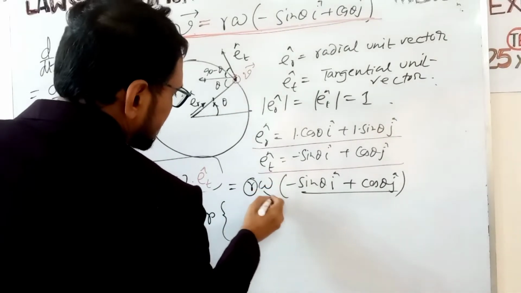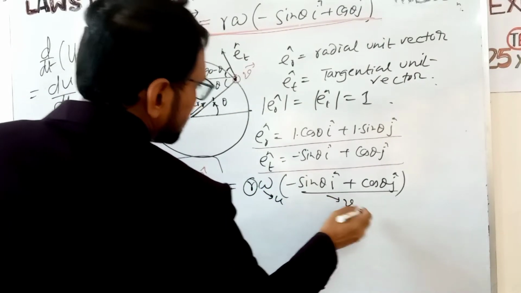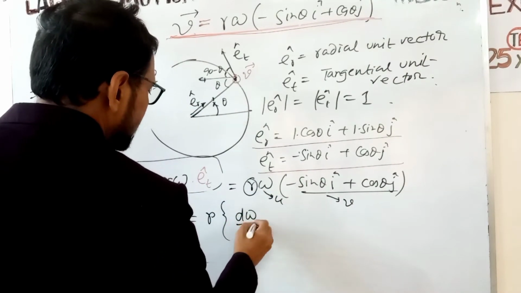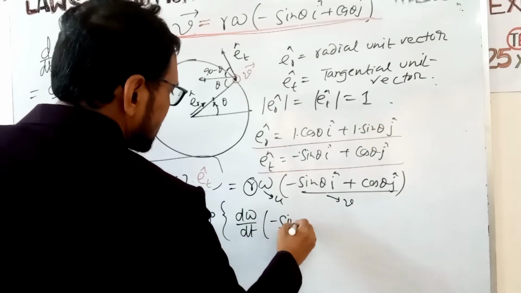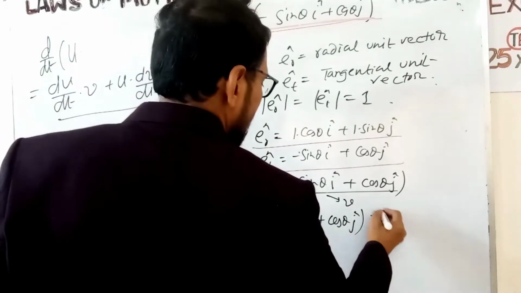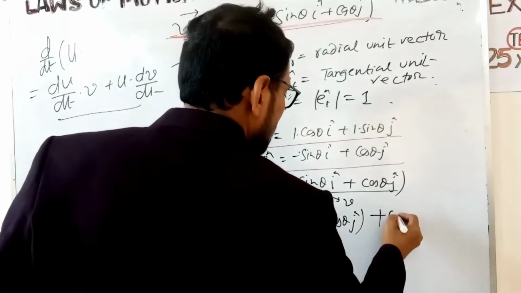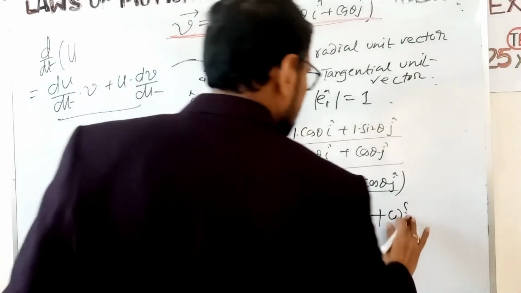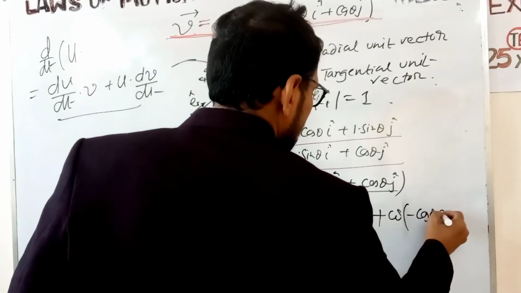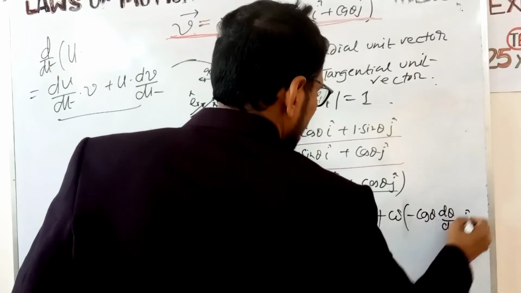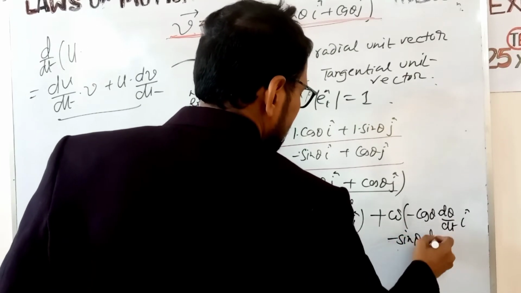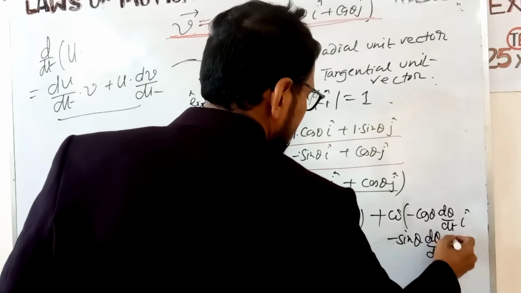So the derivative of u equal to d omega by dt and this constant, plus, when omega is constant, the derivative of this is minus cos theta into d theta by dt i, plus the derivative of cos theta is minus sin theta into d theta by dt of j vector.